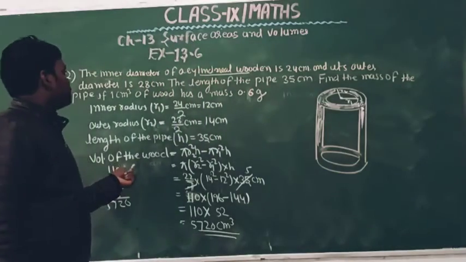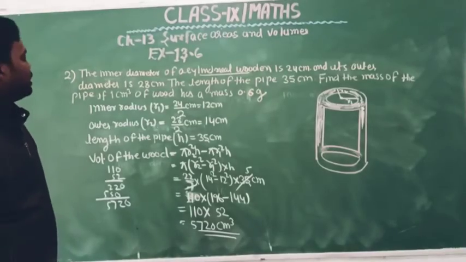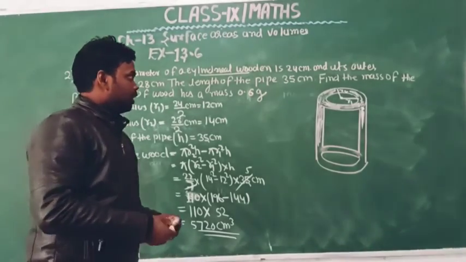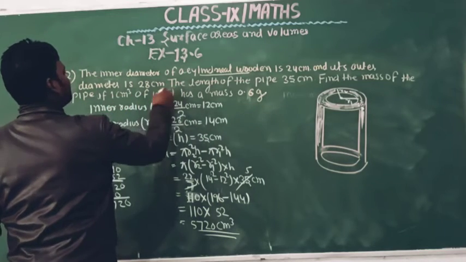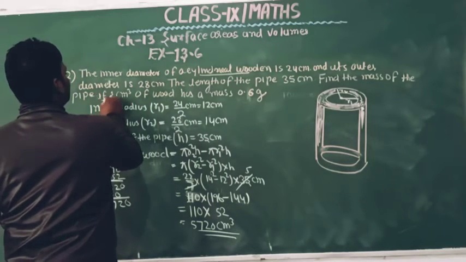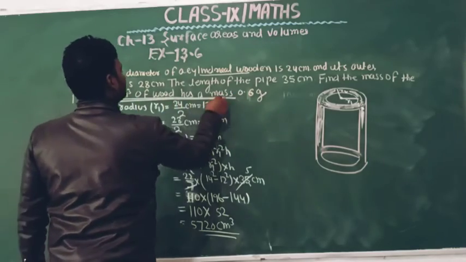The cylindrical wooden pipe, and also find the mass of the pipe, means the mass of the wood.